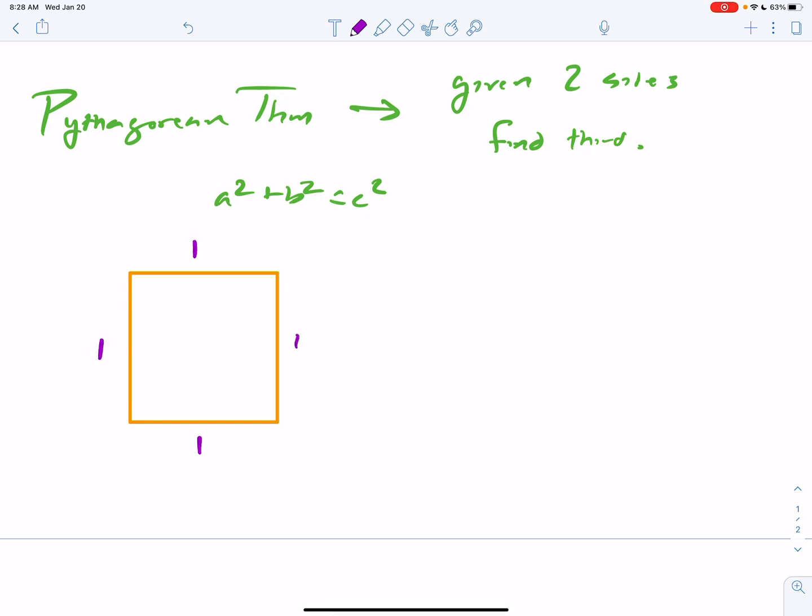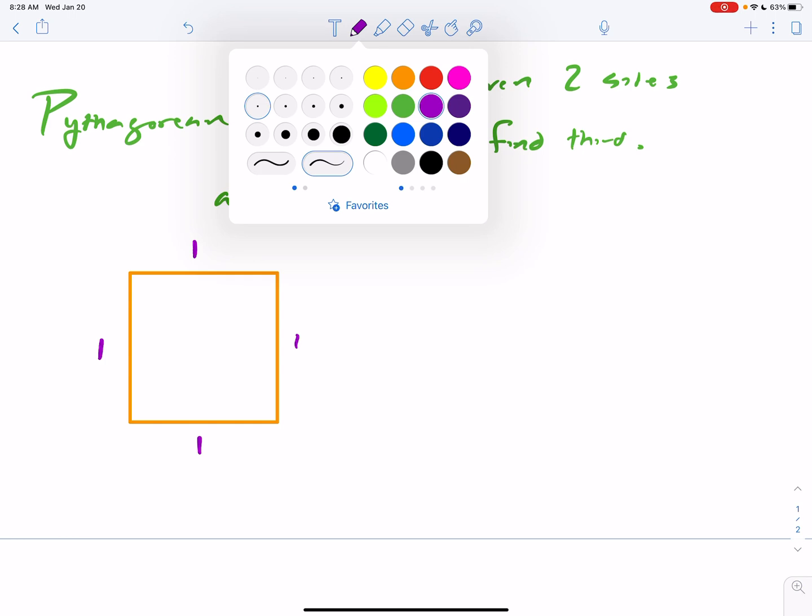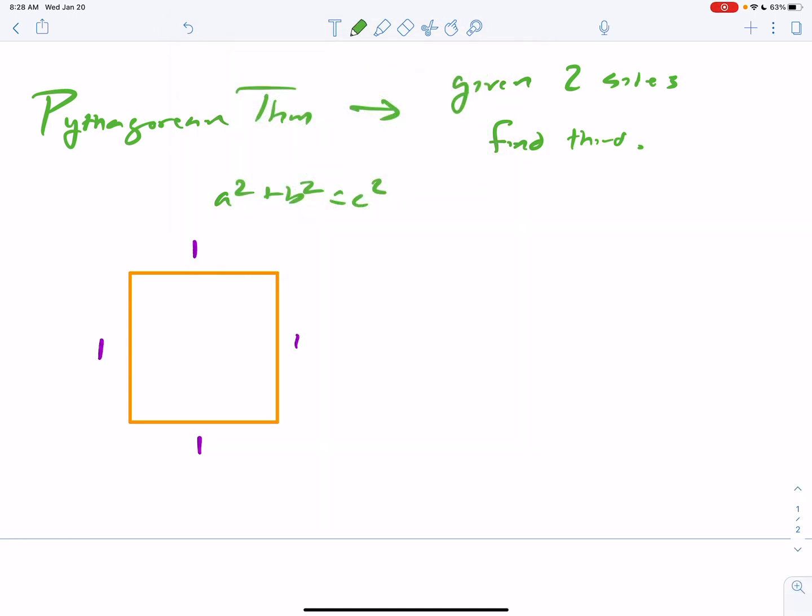So what happens here is if you were to take a knife or scissors and cut from one corner to the opposite corner, we call that a diagonal. If I were to slice it right there and got rid of one half of it, let's suppose that we only stare at this half right here.